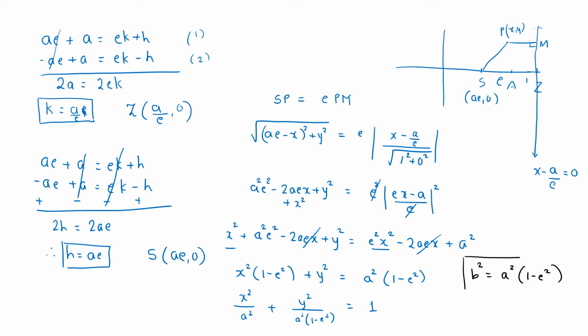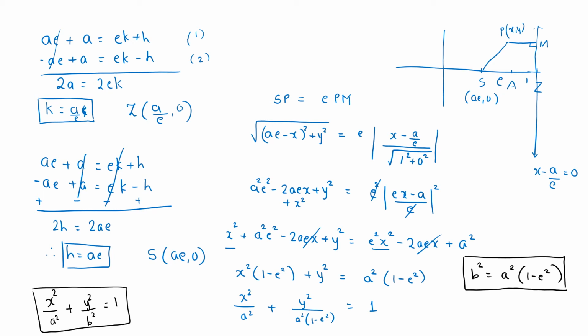Remember a very important formula. हम इस a square 1 minus e square को क्या assume कर रहे हैं? b square. Therefore my equation of ellipse becomes x square upon a square plus y square upon b square is equal to 1. क्या मिला?